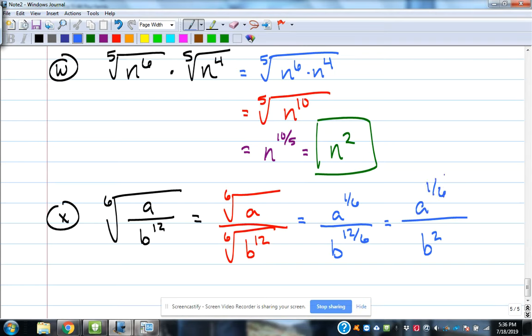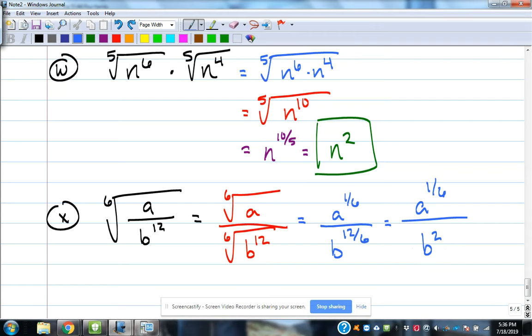Now, this is one of those cases where, do I need absolute value marks on the b squared? Technically, yes. But if I square something, no matter what I square, what's it always going to end up being? Positive anyway. So technically there should be absolute value marks around there, but they're redundant because anytime I square something, it's always going to be positive.